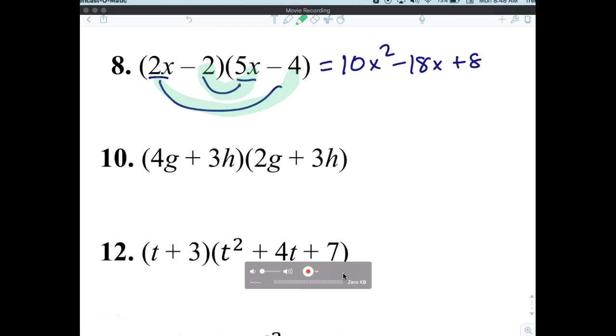But I don't see. Well, I know when you got the negative 10x, and then you got the 8. So negative 10x and negative 8x makes negative 18x. Okay, I just got confused.